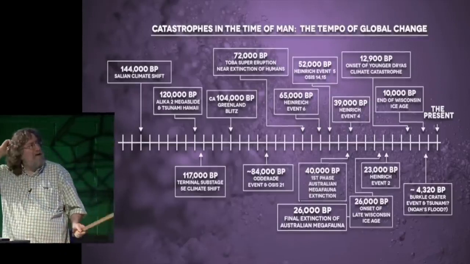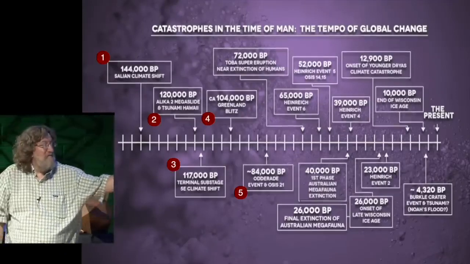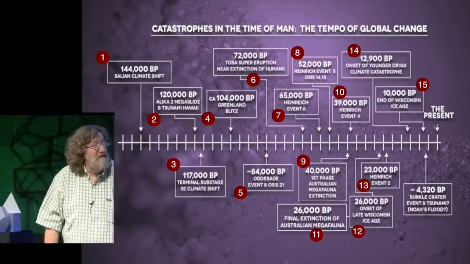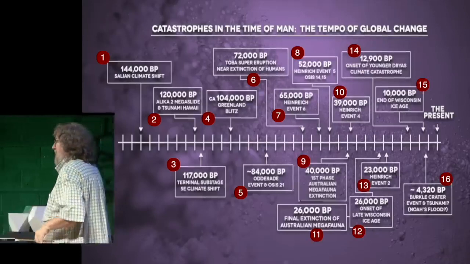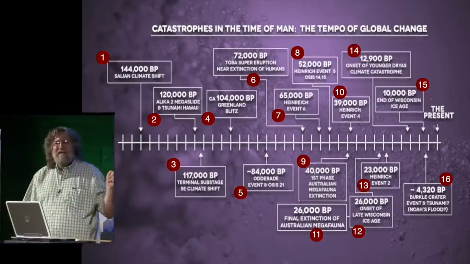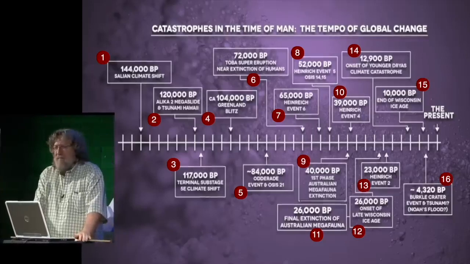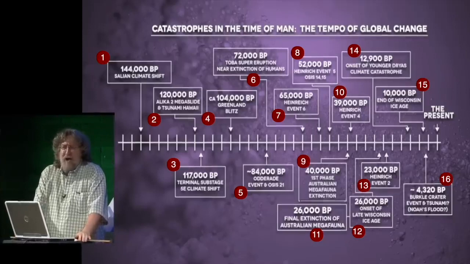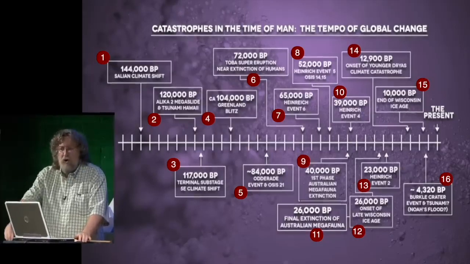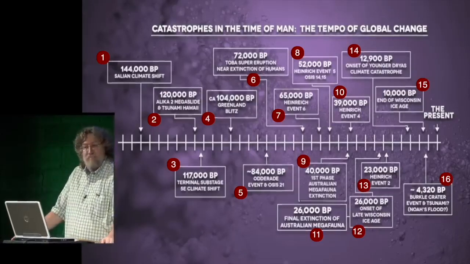This is not complete necessarily, but we have at least 1, 2, 3, 4, 5, 6, 7, 8, 9, 10, 11, 12, 13, 14, 15, 16 of them in 150,000 years. So at least 16 times in the last 150,000 years there have been climate or environmental or geological catastrophes powerful enough that were they to occur today would essentially put us back into the Stone Age.